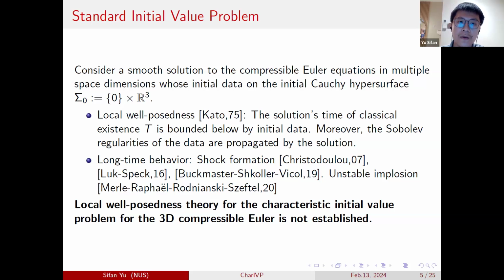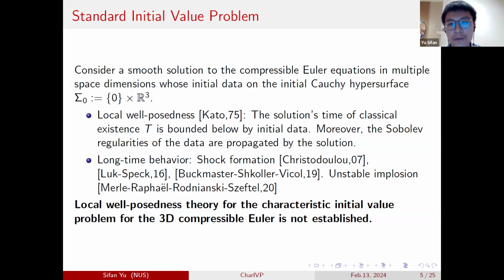First of all, you will have local well-posedness. If you want to consider long-time behavior, which is apparently more interesting at this moment, Christodoulou, in his 2007 breakthrough monograph, showed that even for very small data, you can have a shock formation in finite time.